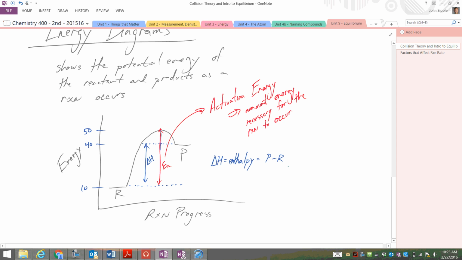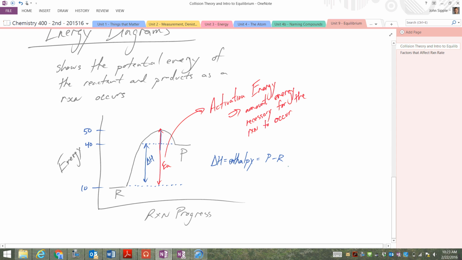We'll get into more of this later. We haven't done a ton of this, this is just very general. We'll come back to thermodynamics a little more specifically. Enthalpy is the difference of the energy of the products minus the energy of the reactants.